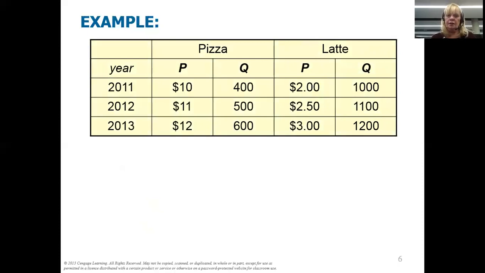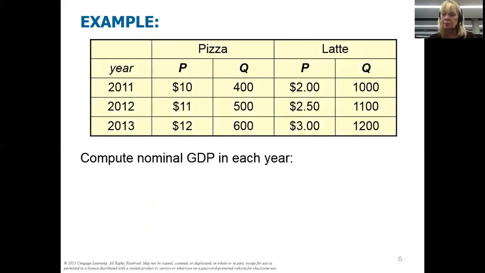Here we have pizza and latte consumption for the years 2011, 2012, and 2013. So first, let's calculate just the nominal GDP. Nominal GDP, as you'll remember from the previous slide, is simply the price times the quantity. Price times quantity, that's it.